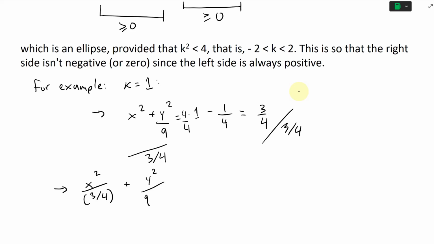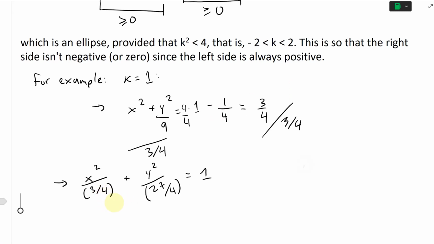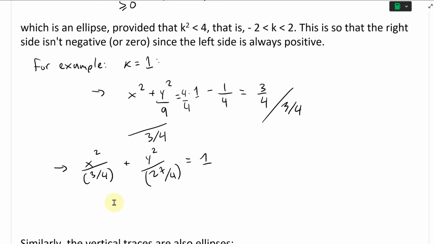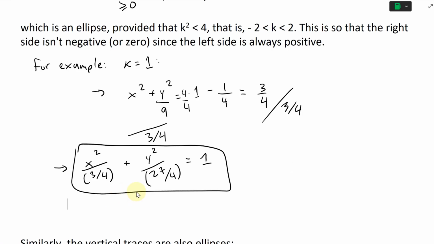Well, the 3 over 4 is going to just go inside it, so you could just multiply the 3 by the 9, you get 27 over 4 equals 1. And these ones, you can obviously write as square roots, and so on, and then squared to get the radius, and this is going to be our standard form, like that. And this is just an ellipse.